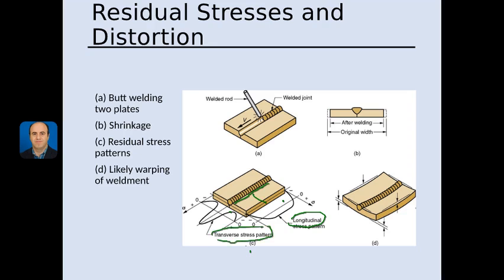As you see, both of them are showing we have positive stress, right? This is positive, this is negative. Near the weld we have positive stress because we have tensile stress. This area causes this type of distortion, buckling. So it tries to bring these two ends together, right? Because of the tensile stress.